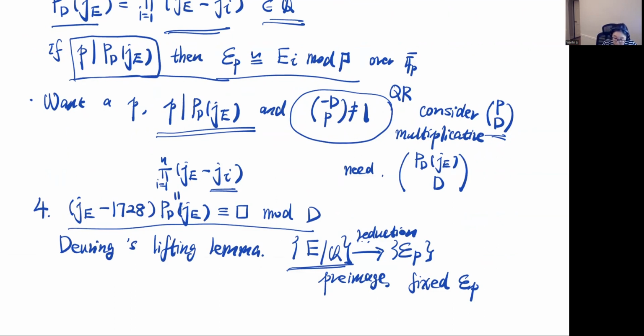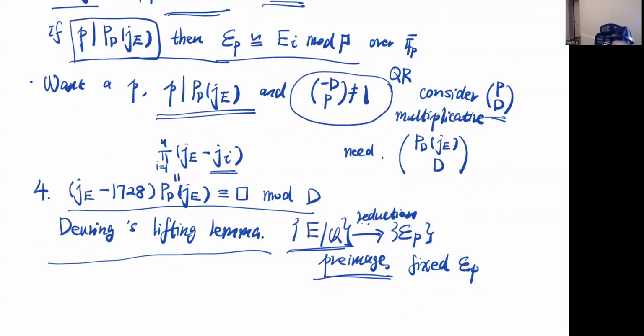And how to prove this: I fix the J invariant over F_D, and then I show that the pre-image always goes in pairs. Every J invariant mod D has two pre-images when I try to lift it. This is only one sentence to explain what Deuring's lifting lemma is doing. Okay, so you get this statement.